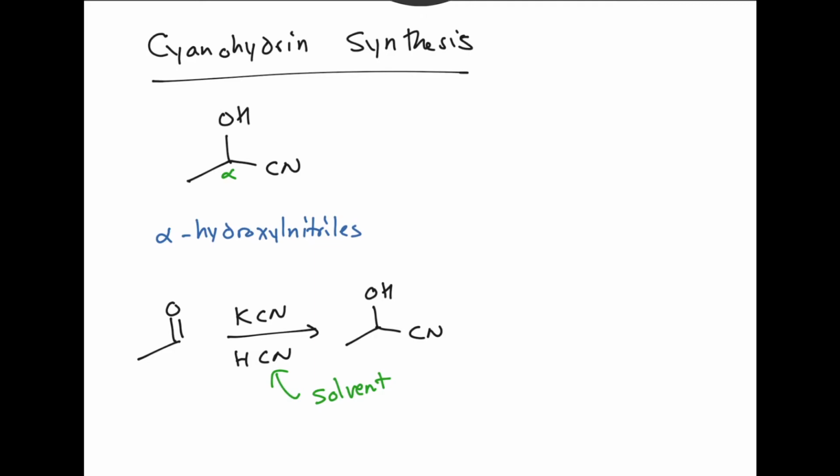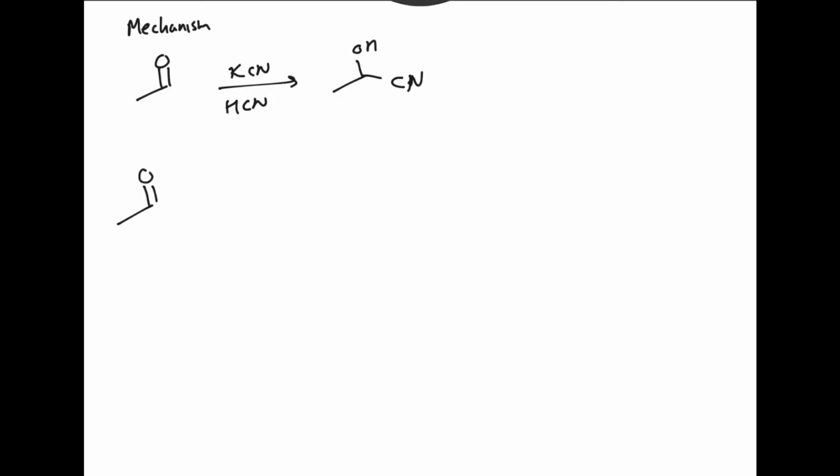So the way this works mechanistically is pretty straightforward. Our nucleophile here is our KCN. So you're going to have your KCN, and you can say, hey, my potassium is positive, the carbon of my nitrile is negative. That's going to add to my carbonyl carbon.